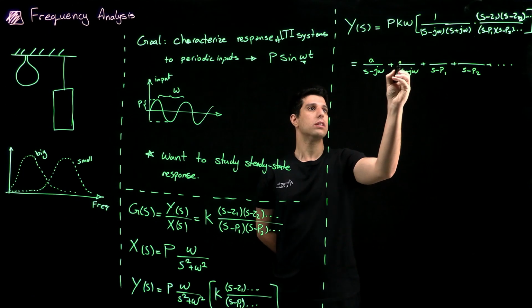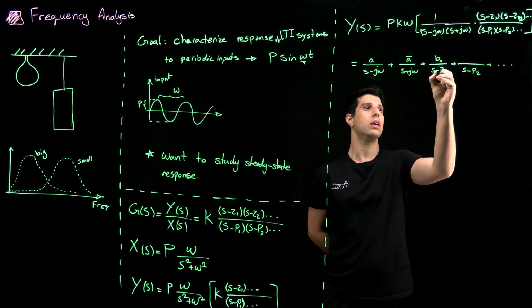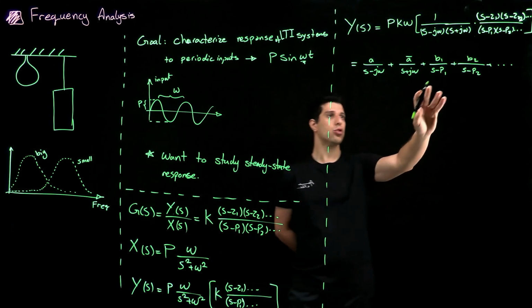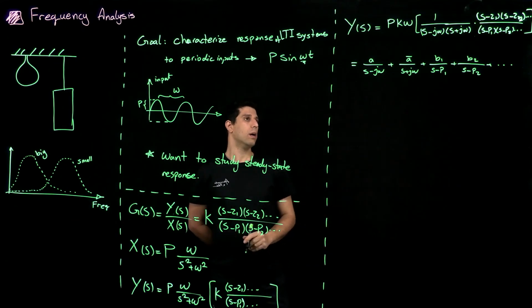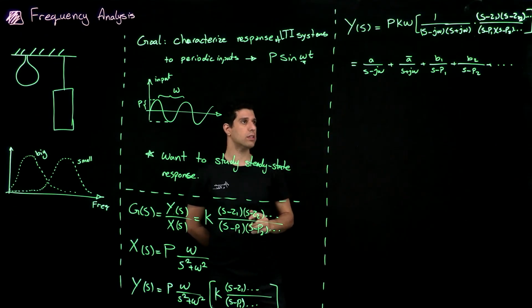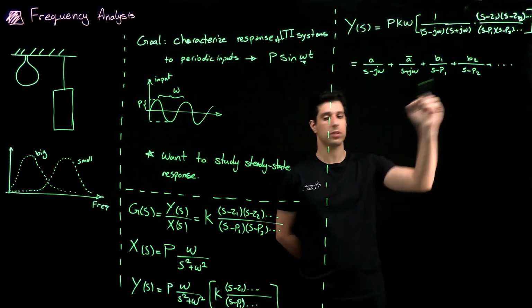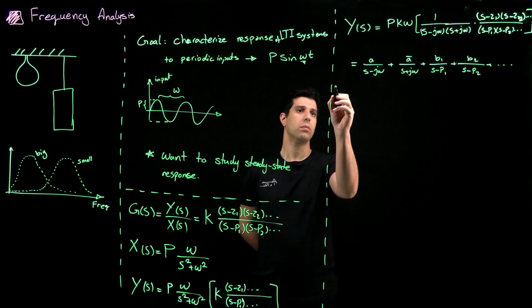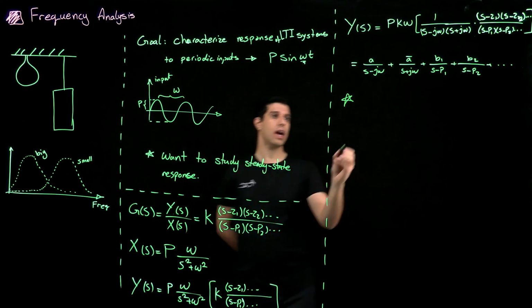And I give these names a bar, and some b1, b2, and so on. And remember, there could be some complex conjugate pairs among these and some repeated poles, but that's fine. We write it as this general form. One thing to note, that all of these terms, and something maybe I forgot to mention, here, let me put the star. We are exclusively looking at a stable system.